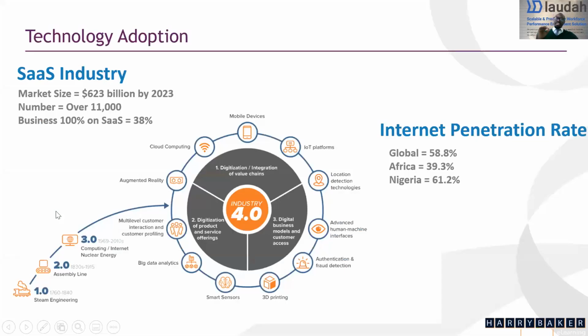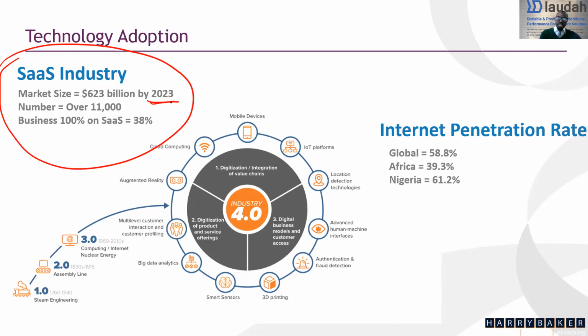And again, when you look at the data out there, for instance, now we're just browsing generally, looking for data around SaaS. The market size alone for the software as a service industry is going to about $623 billion as projected by 2023.